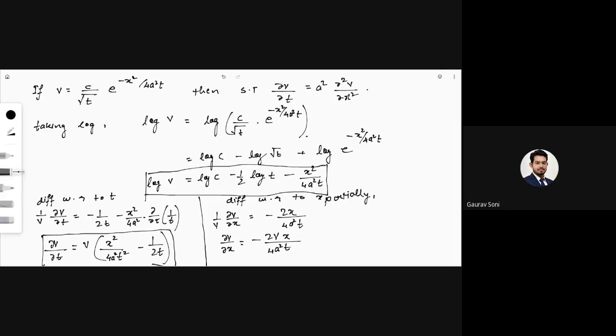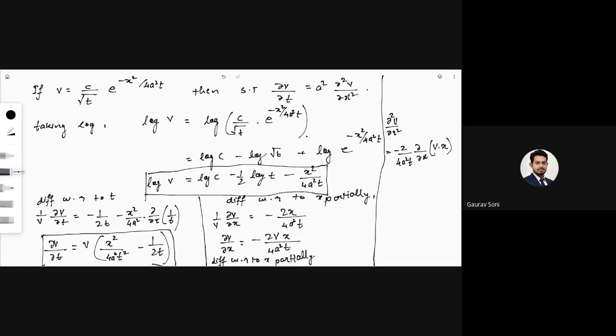So what we need is second derivative with respect to x. So differentiating this once again, differentiating with respect to x partially. So what do we get? Del square v by del x square will be equal to minus 2 upon 4 a square t, which is constant, partial derivative with respect to x of v into x.